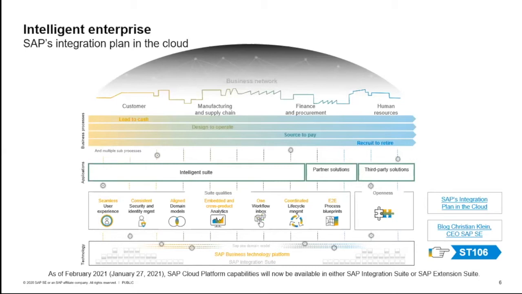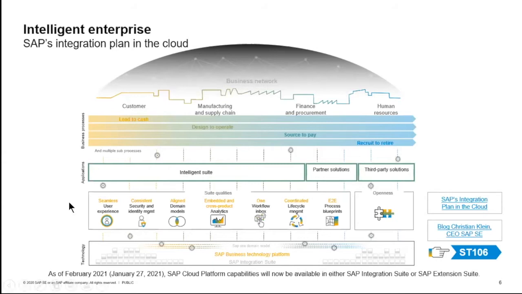For instance, the user experience, the semantical side of the house with the aligned domain models, and embedding analytical capabilities into the applications, and much more. And all this is based on the SAP Business Technology Platform.